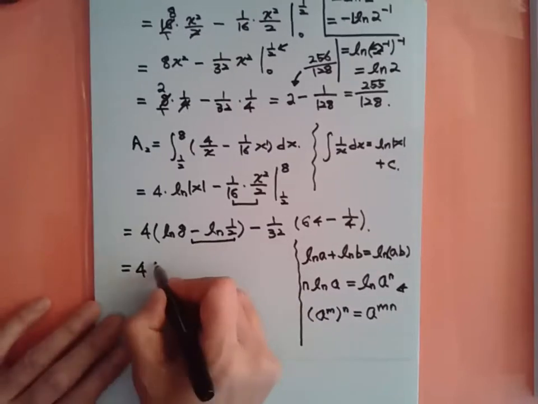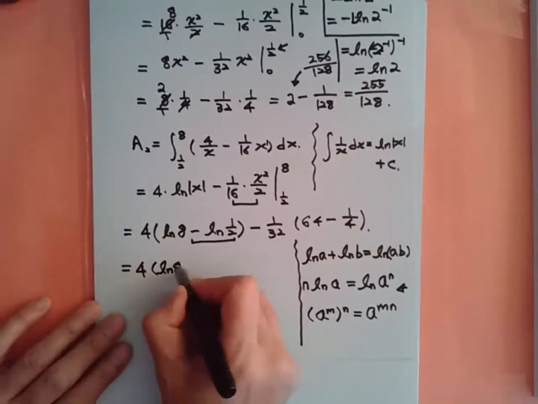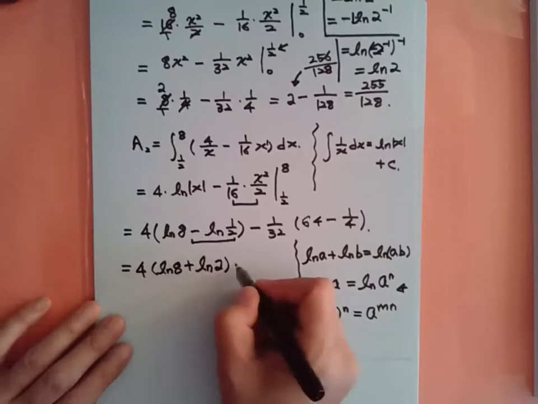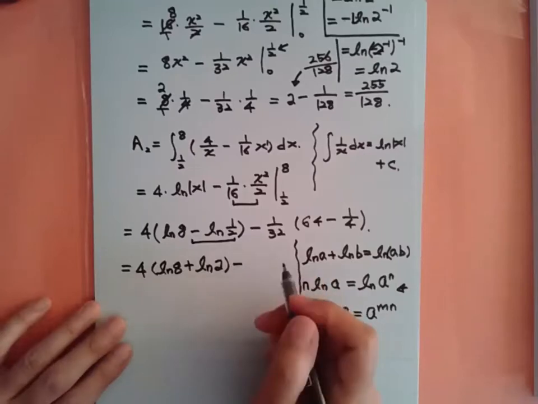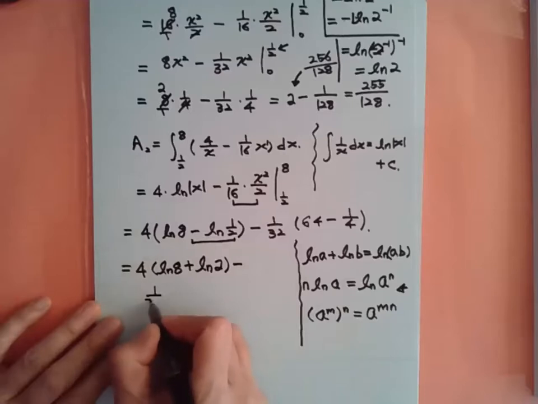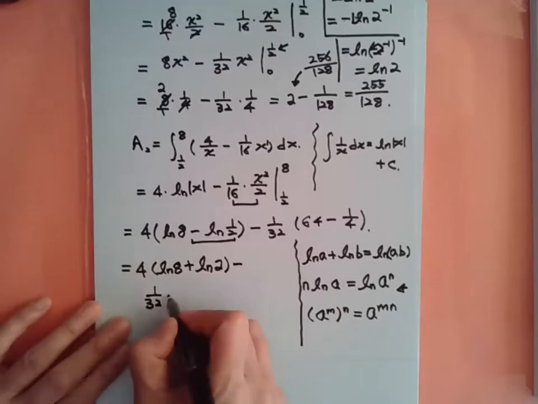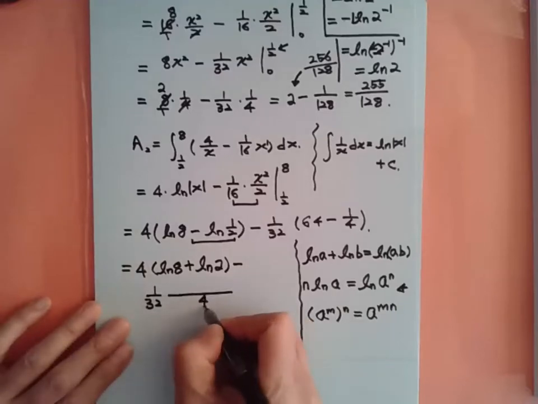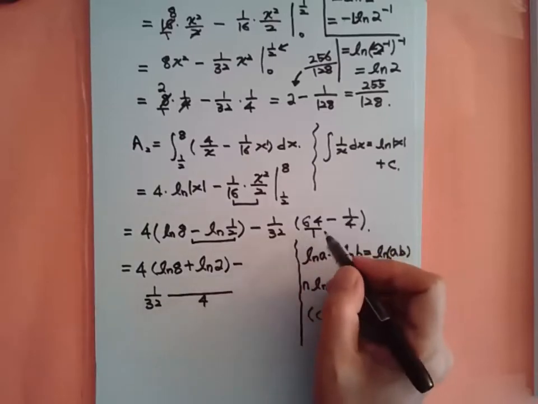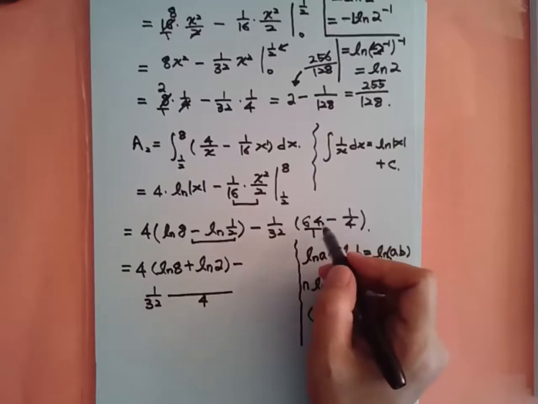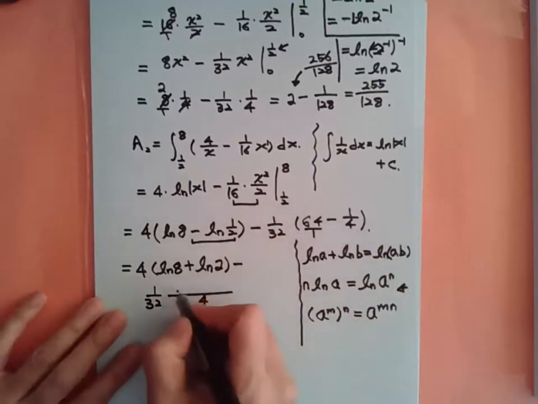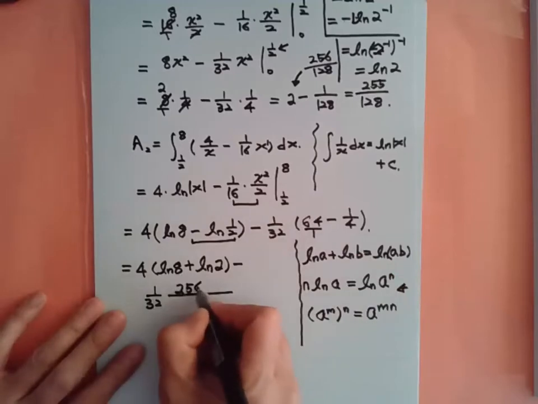So this part can be written as natural log of 2. So 4 times natural log of 8 plus natural log of 2, minus 1/32 times 4 is the common denominator because 64 is 64/1. If you multiply by 4, then you will get 256 minus 1.